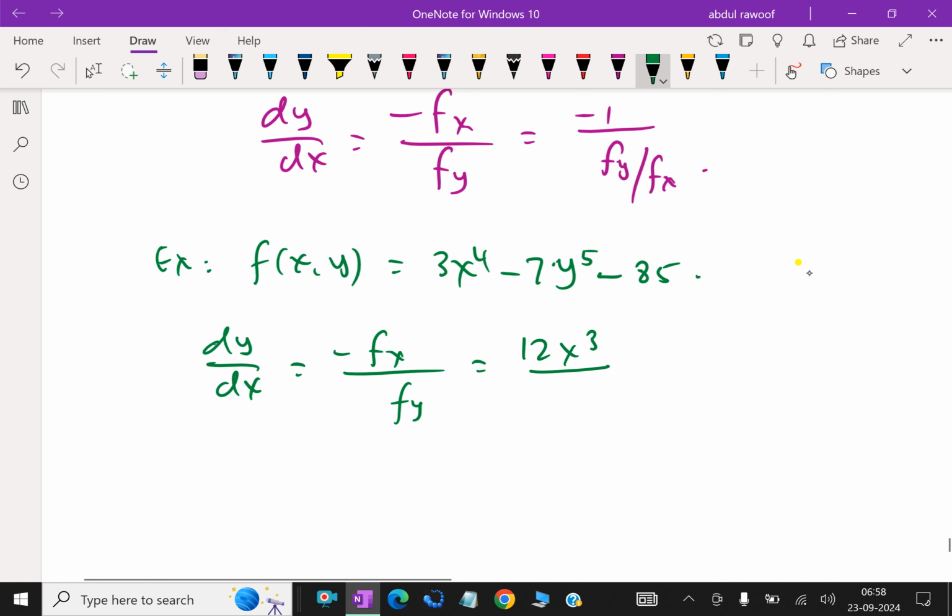Over fy: the rule is minus. Then with respect to y it is minus 35y power 4, because 5 times 7 is 35. Then this gives minus, minus, plus 12 by 35 x cube over y power 4.